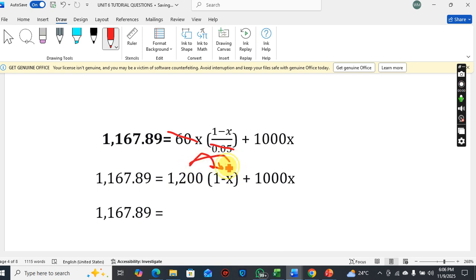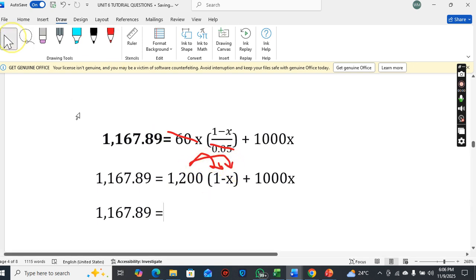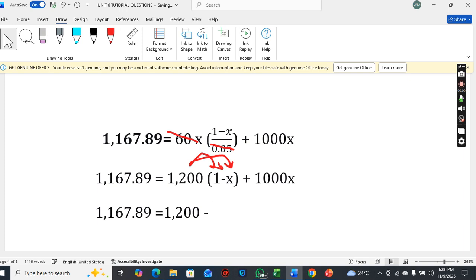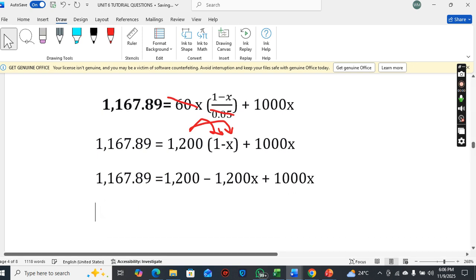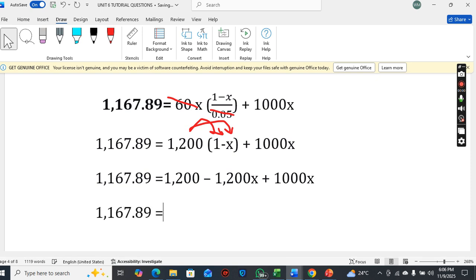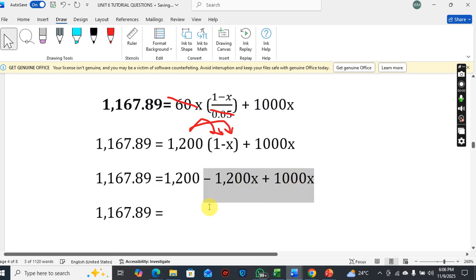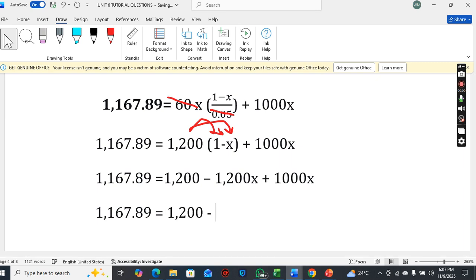And you also say 1200 times x, you get 1200x. Okay, so negative 1200x plus 1000x, you get negative 200x. So it's 1200 minus 200x.